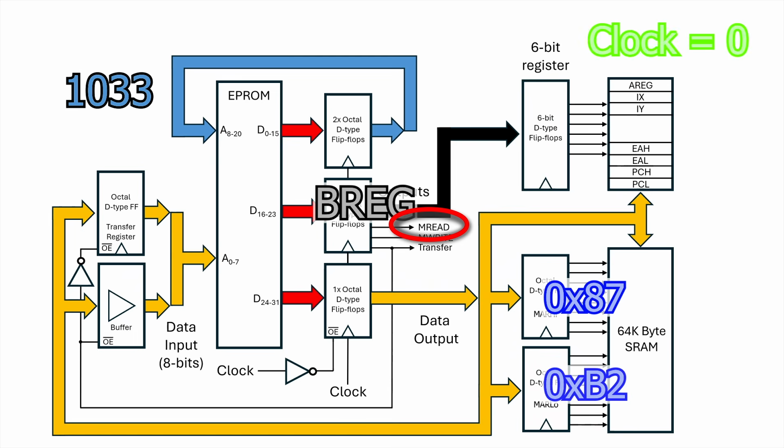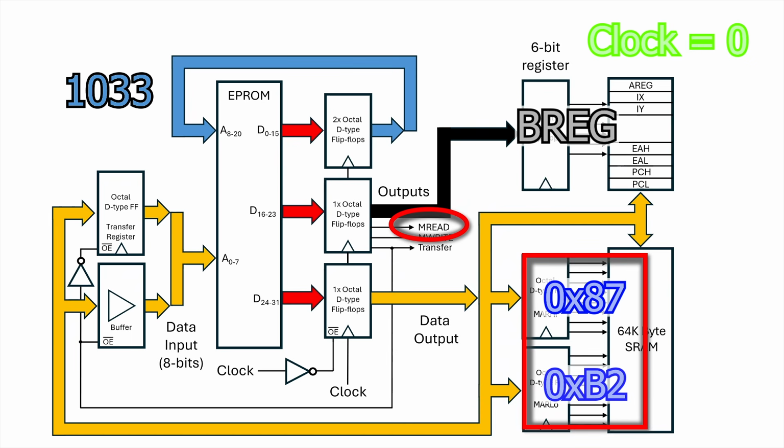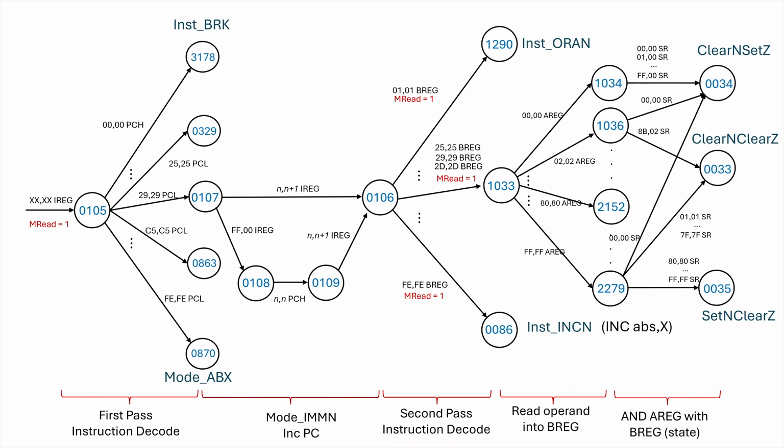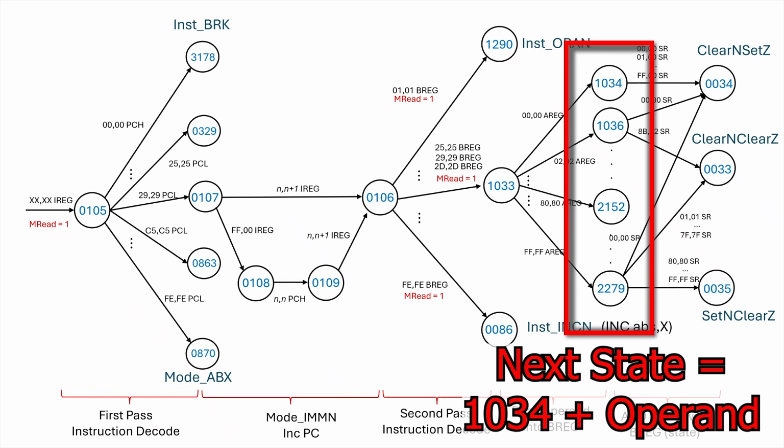On the negative edge of clock, B reg is latched into the notepad address register, and this time we perform a main memory read from 87B2 hexadecimal, which holds the operand value 02. This operand now becomes the input symbol for our next EEPROM lookup. Here's the clever bit. The EEPROM is set up so that the next state is 1034 plus the operand value.